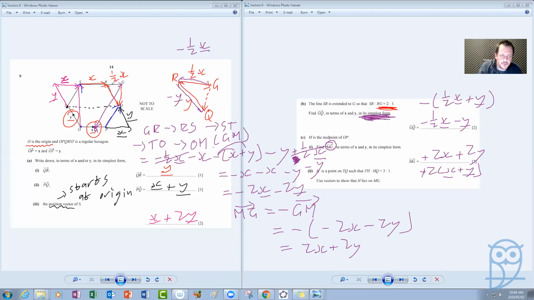So that is because of this line over there. That's a half x. Because you were told by the ratio that this is half the size of that whole thing. And to get from there to there, we had to go back along the half x. Remember, the half x was in this direction. But we're now going that direction, so it's negative, and then down, which is also negative. And that's why it's a half. So it's half x going along the top, full y going down the diagonal.